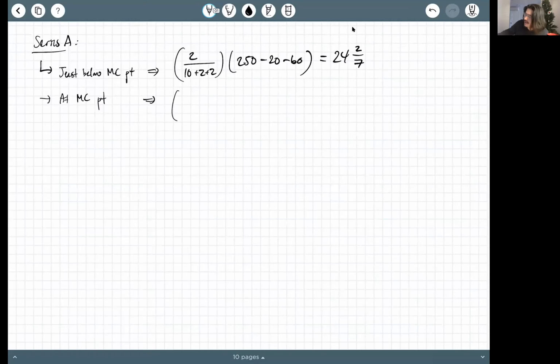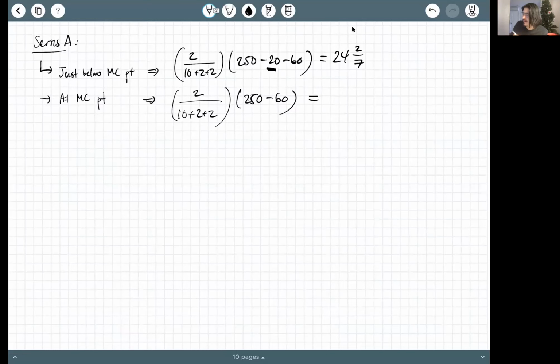Now what happens at the mandatory conversion point? They still own the same percentage of the company, but now common equity is worth more because we don't have the liquidation preference still received by Series B, right? This drops out because B is now forced to mandatory convert.